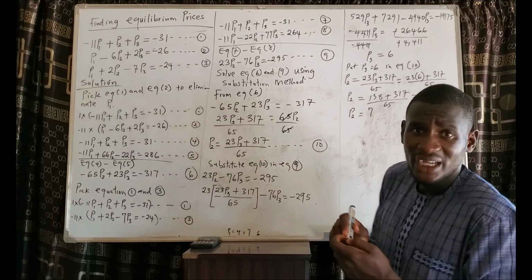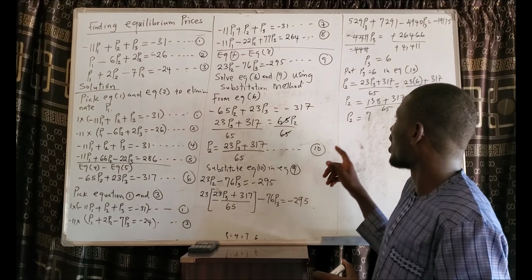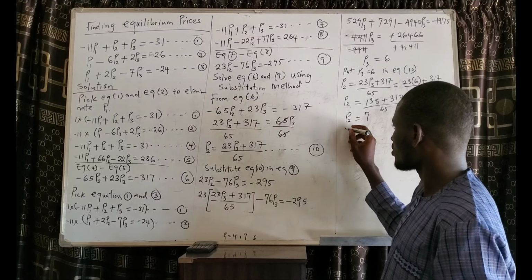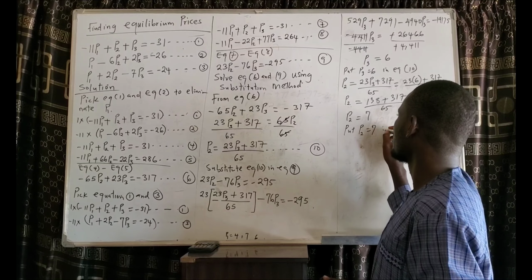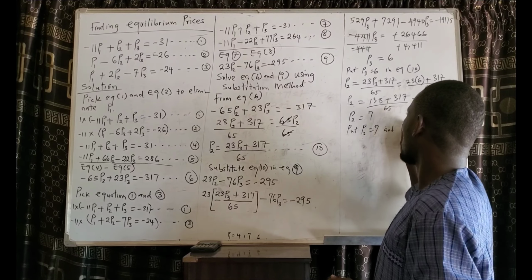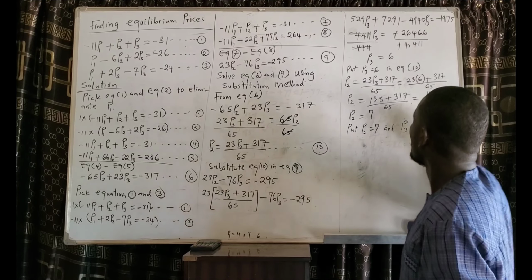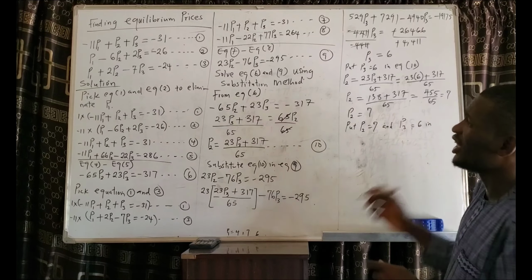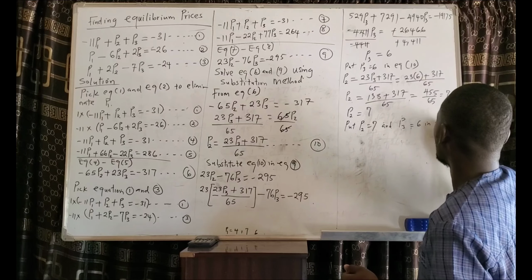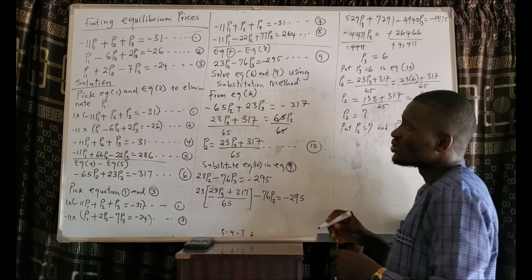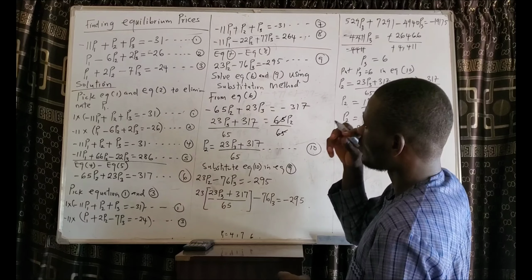So now for you to find P1, you substitute P2 equals 7 and P3 equals 6 in any of these original equations, in equation 1. So write equation 1.